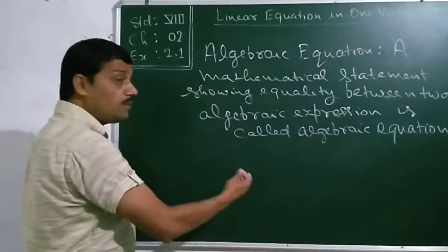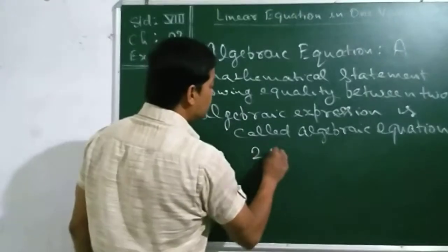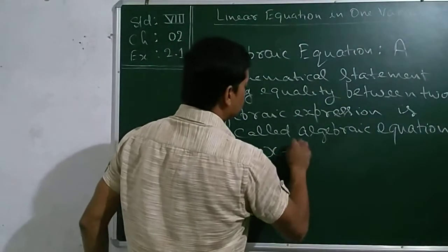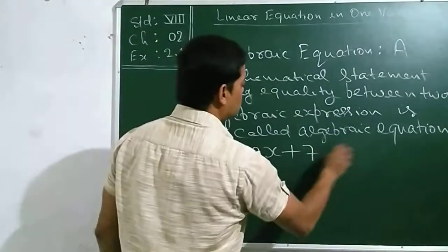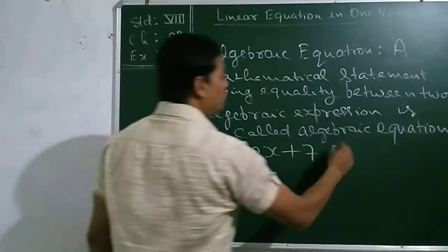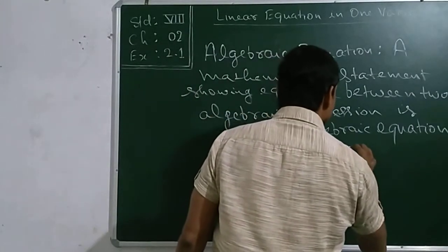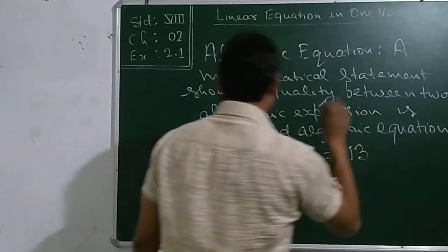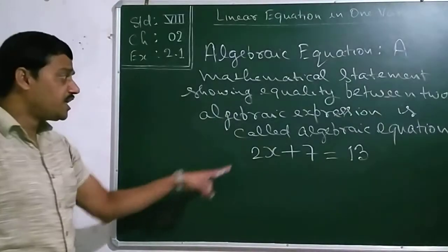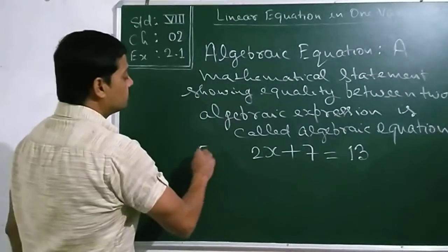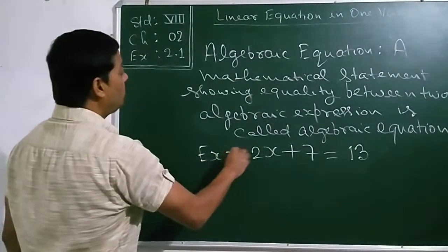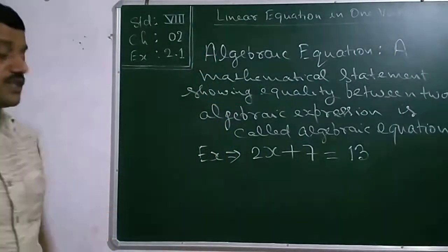So take the example of an algebraic equation. This is an algebraic expression, 2x plus 7. If we write this equal to 30, then we can call this an example of an algebraic equation.